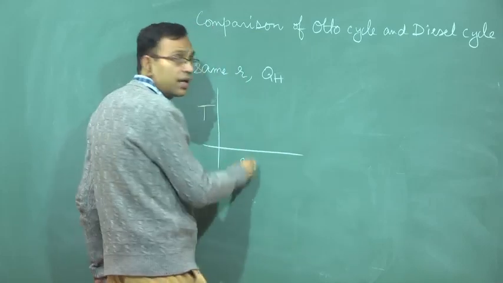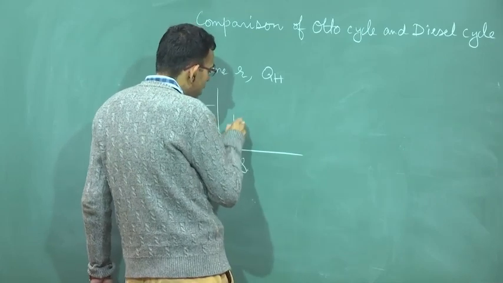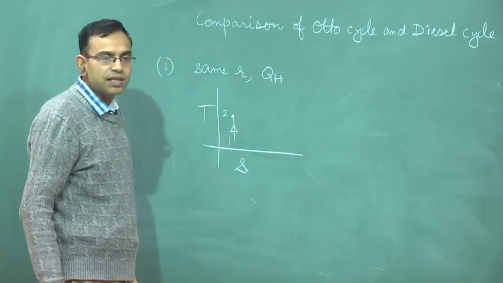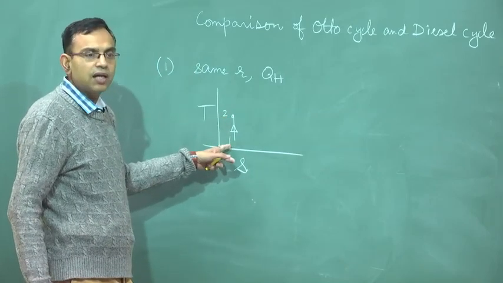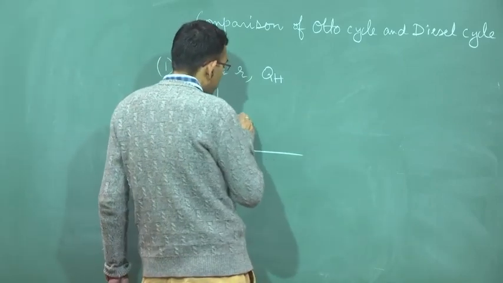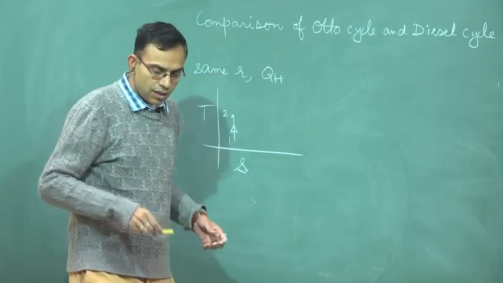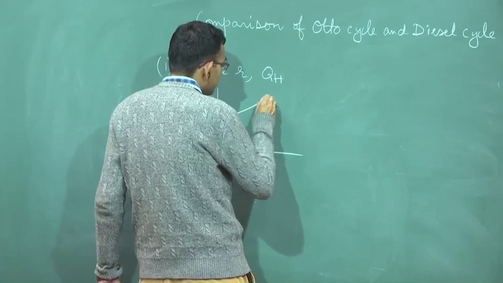So, same R and same QH. Same R means if you start with the point 1, the state point 2 will be the same, because T2 by T1 is governed by only R and gamma, right. Then with white line I will draw the, let us say, the Otto cycle.